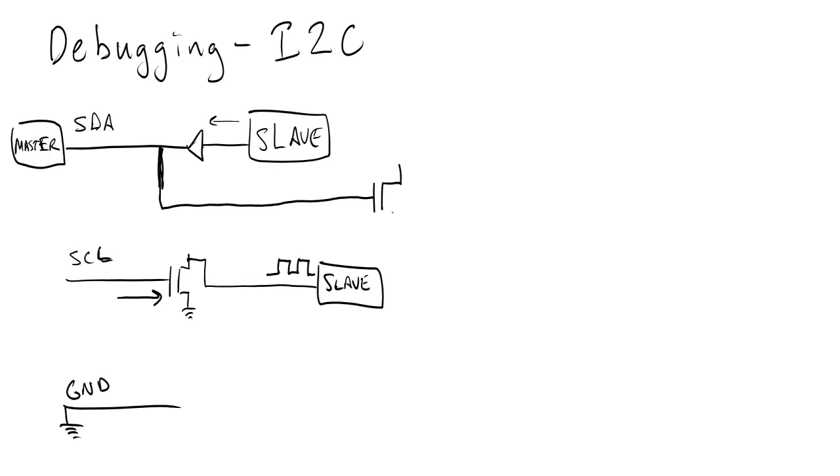The reason being, let me redraw this a little bit so you can see. You have your pull-up resistor here, and you want this to be as big as possible. The reason is that when this switch, the FET, is turned on, you have current going through here.